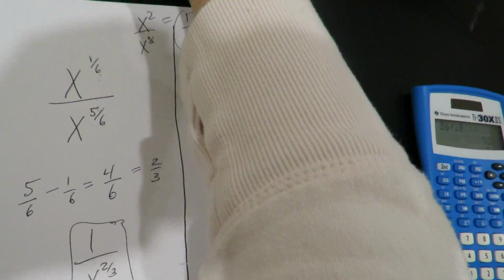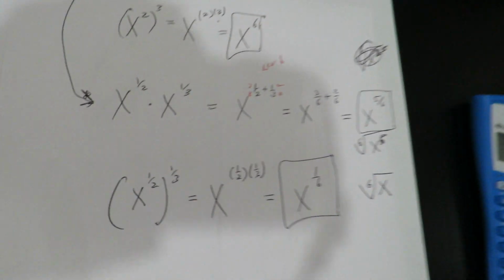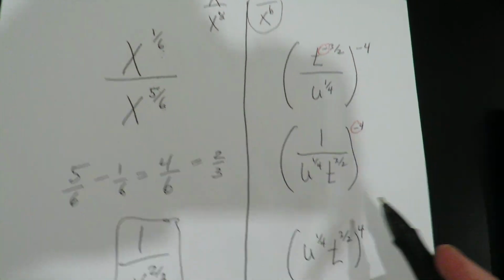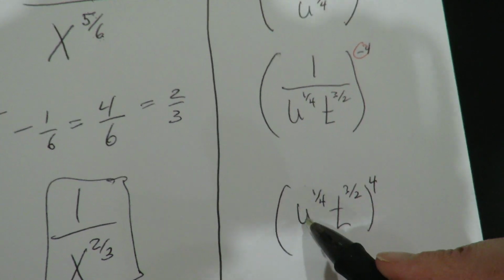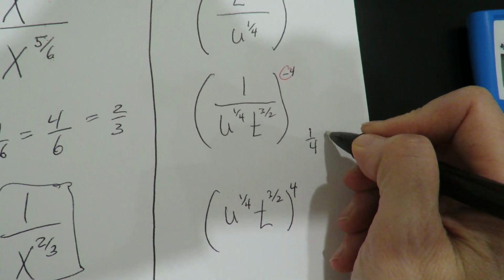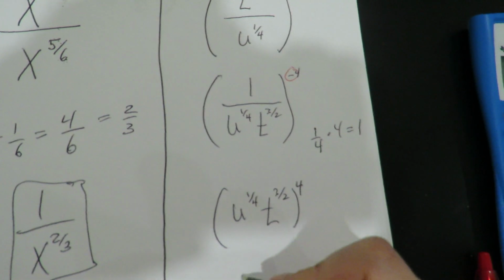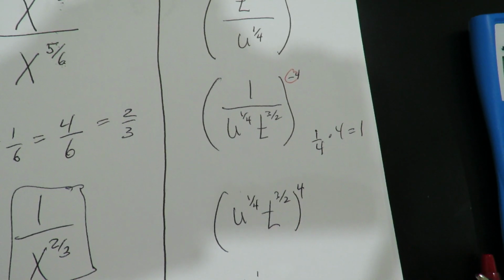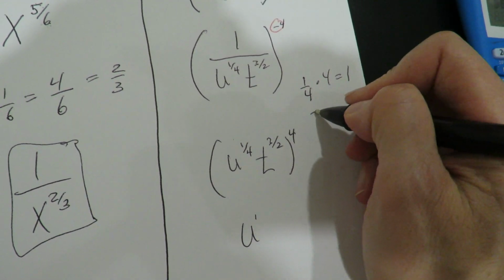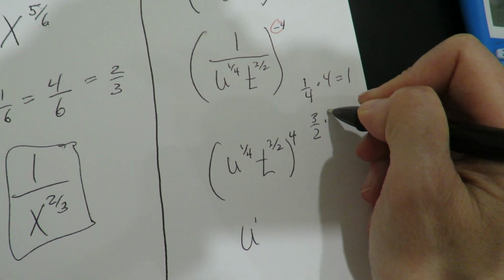And then this was the rule we were doing earlier. When you have one base and two exponents, you multiply. Same idea. So for the first one, it's 1/4 times 4, which is 1. So it's u to the 1, because it's 1/4 times 4. The other one, it's 3/2 times 4.